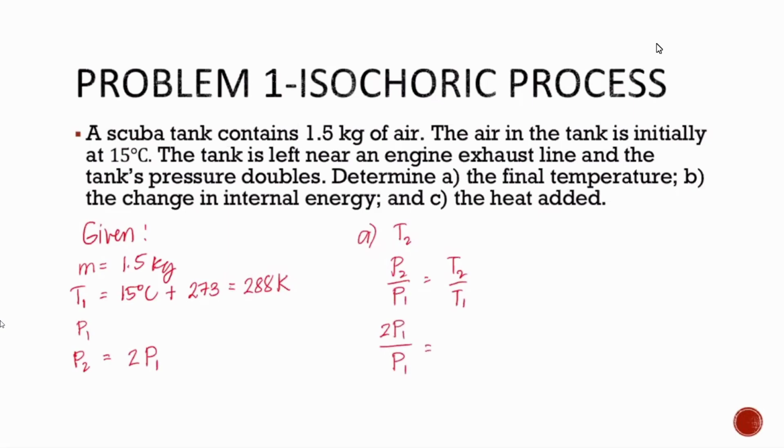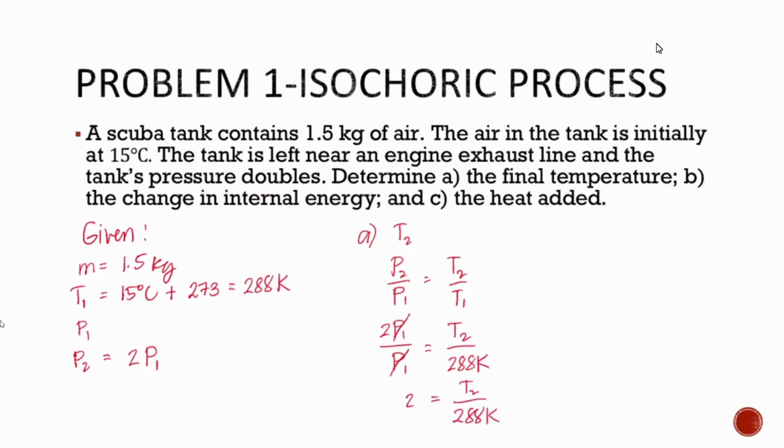Okay? Ang hinahanap natin is the final temperature and then our T1 is 288 Kelvin. Since wala tayong given na pressure, pero makakancel natin sila. So, therefore, anong value na nakuha natin? 2 is equal to T2 over 288 Kelvin. Okay, manipulate natin.